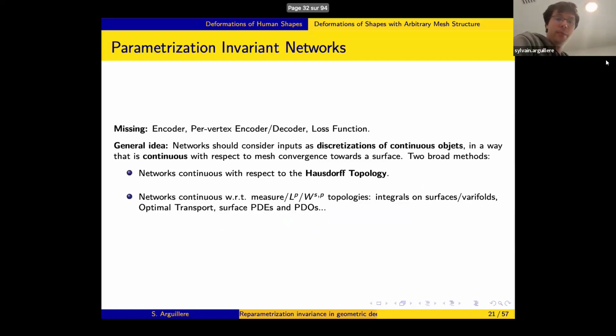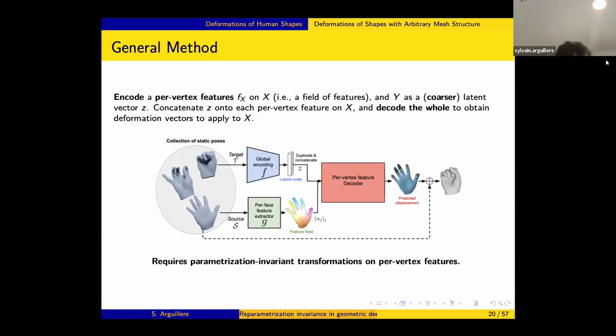Okay. So to do this on any sort of input surface, you need transformations that are invariant to reparametrization or to a change of mesh, meaning that they would give basically the same values at the same place on the surface if we changed the mesh that represents the surface.